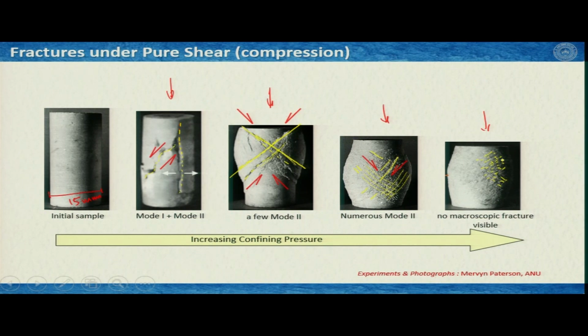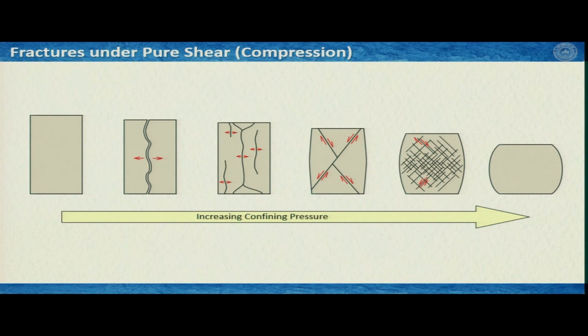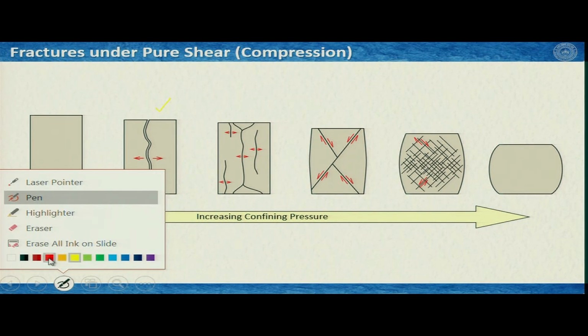So, there is a transition in the fracture patterns with the confinement of the sample. And if we try to summarize it in a different way by sketches, we can figure out that when the confining pressure is low or no confinement, then the rocks would produce mostly tensile fractures, as we have seen here.